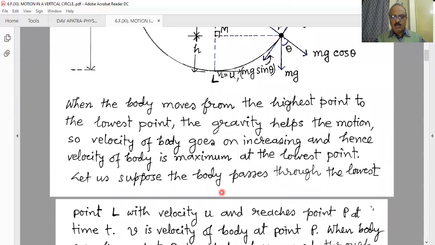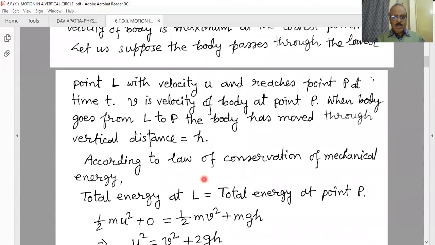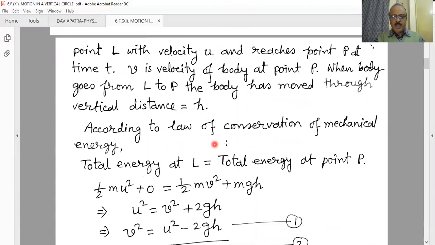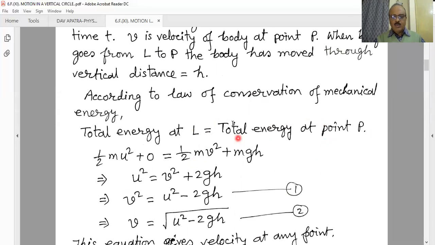The body moves vertically upward. Now, according to the law of conservation of mechanical energy, here we consider there is no dissipative force like air resistance, and therefore we can use the law of conservation of mechanical energy. Total energy at L is equal to the total energy at point P. We consider the L point as the zero potential energy point.